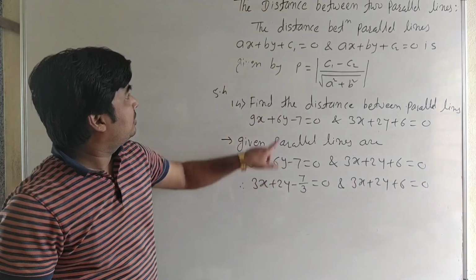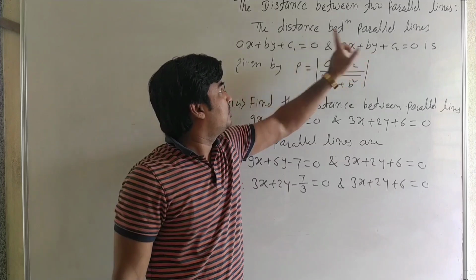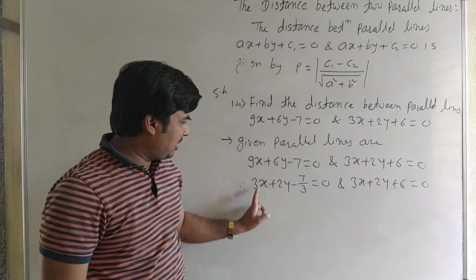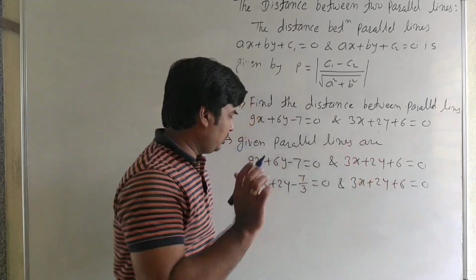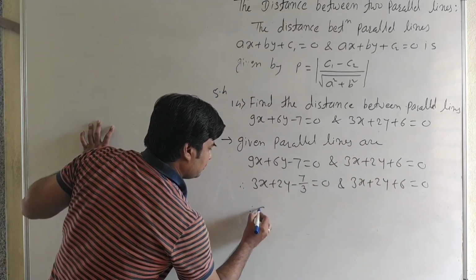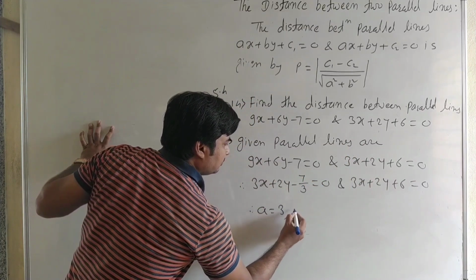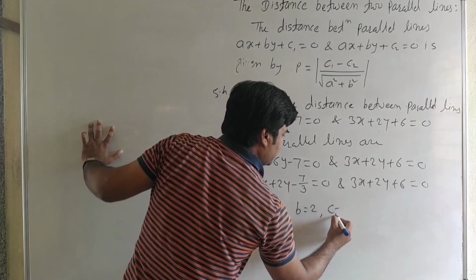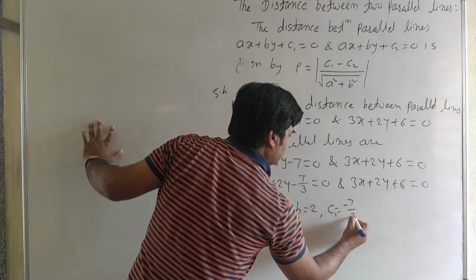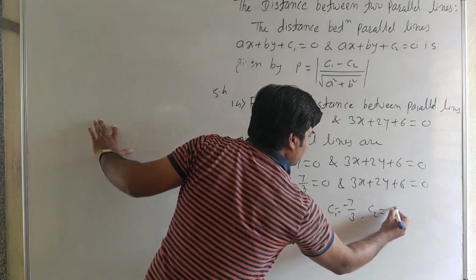Now the equations are in the form ax plus by plus c1 and c2. Therefore, a is equal to 3, b is equal to 2, c1 is equal to minus 7 by 3 and c2 is equal to 6.